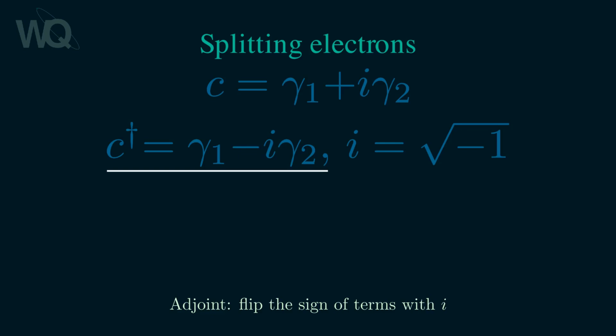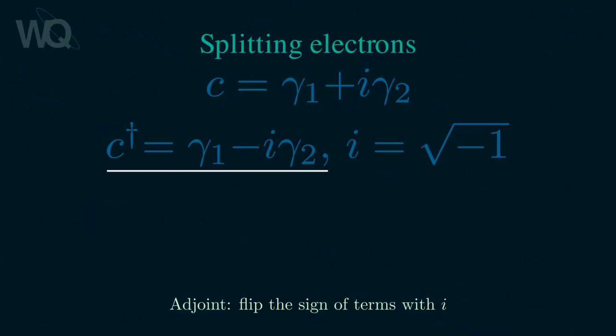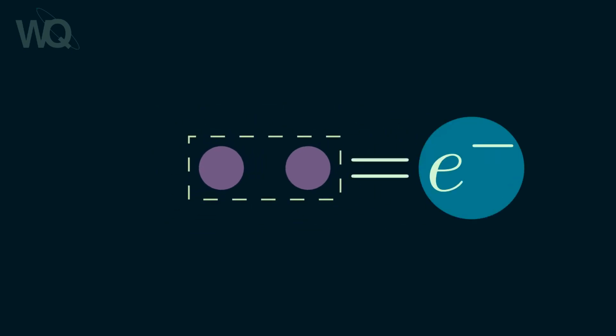This kind of a mathematical splitting is what I had in mind when I talked about splitting an electron in two. For now, this is just mathematical, but in a topological quantum computer, there are particles that are far apart from each other that, taken together, not moved together, but considered together, act as if they are a single electron. And this is really the whole point of a topological quantum computer.